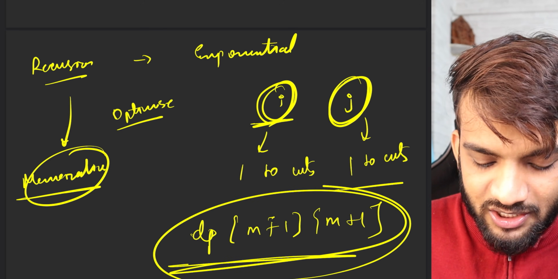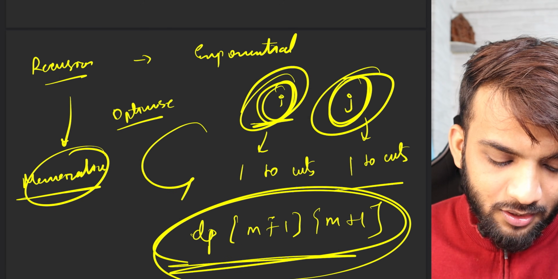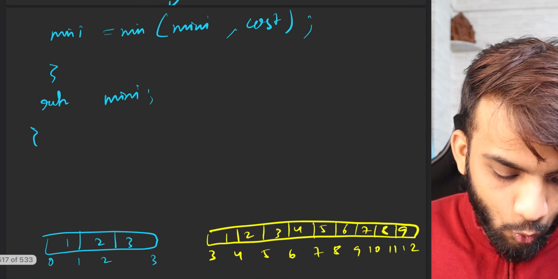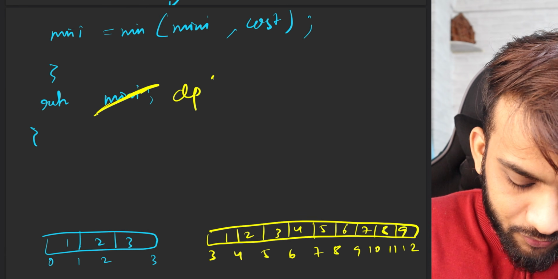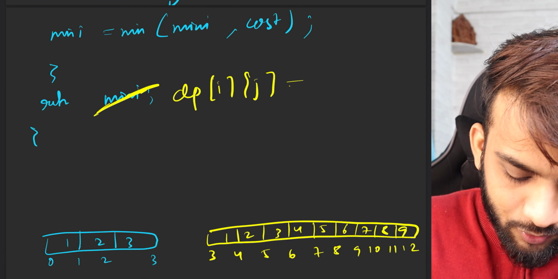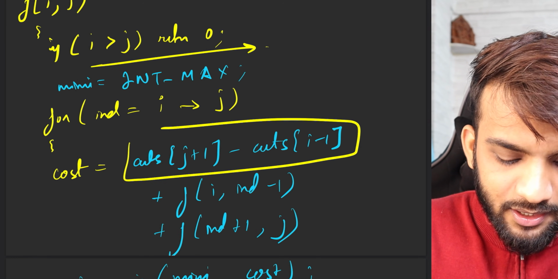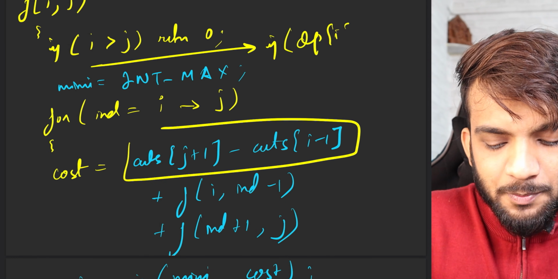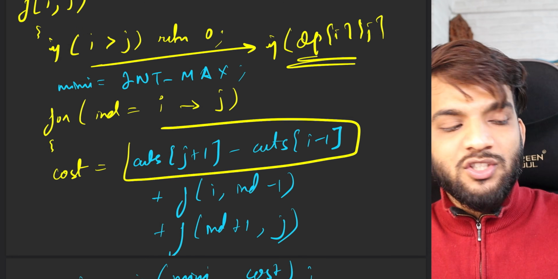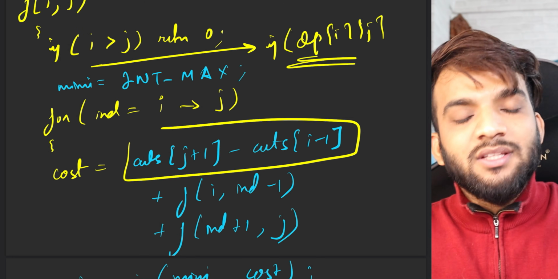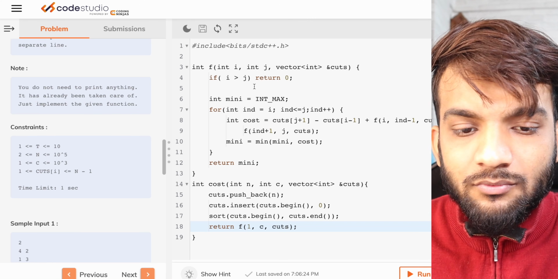This will be the dp size. Just look at the changing parameters, have them on the dp, and write the code. Over here you'll say dp of i j equal to whatever mini you make, and right over here you insert a line for if this state has been previously visited. That's it. If you just write these couple of lines, I think you should be able to solve this.